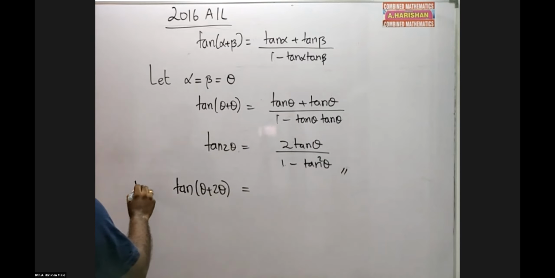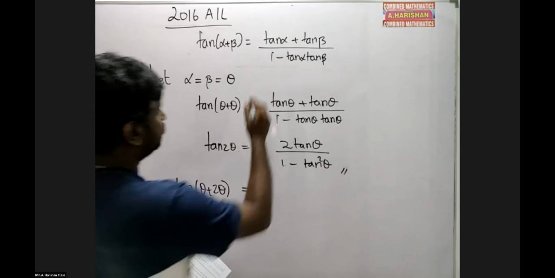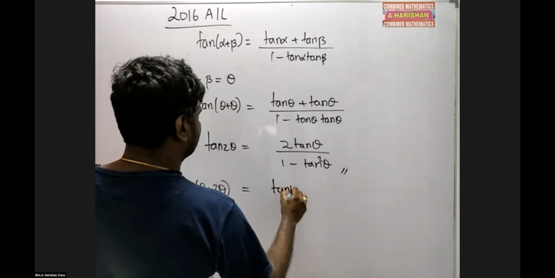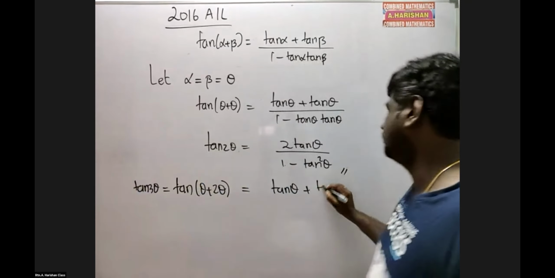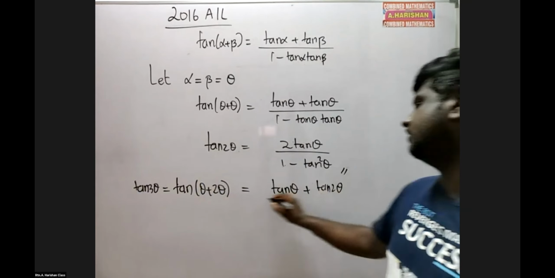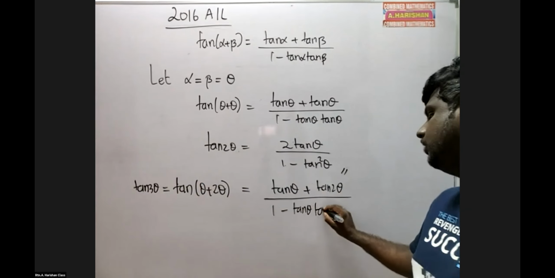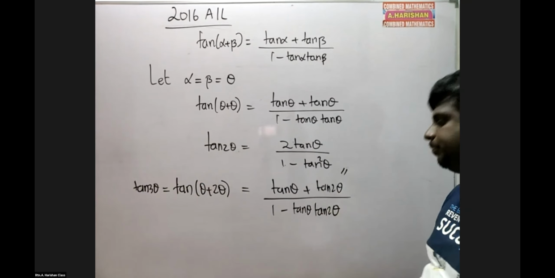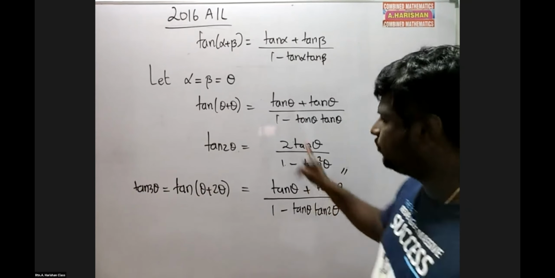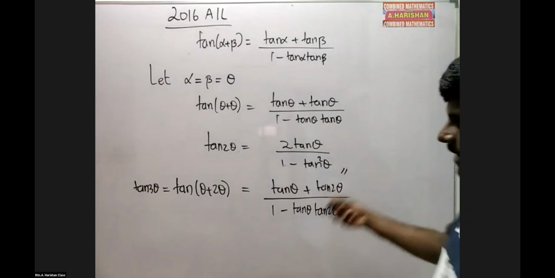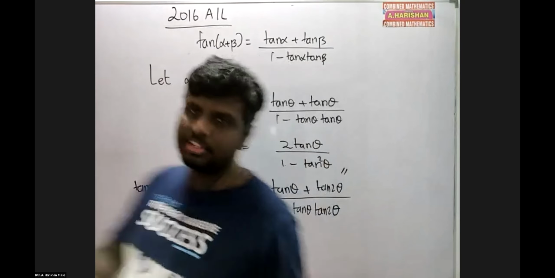So I can write here tan 3 theta equals tan theta plus tan 2 theta over 1 minus tan theta tan 2 theta. So now instead of tan 2 theta, you have to put this. It's a big task. You have to substitute that and come.